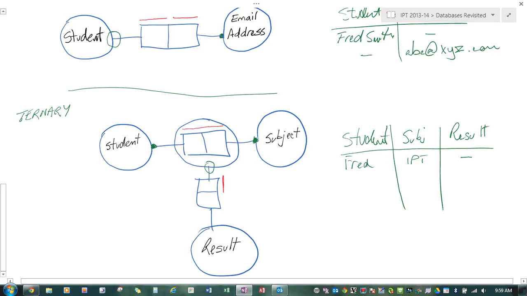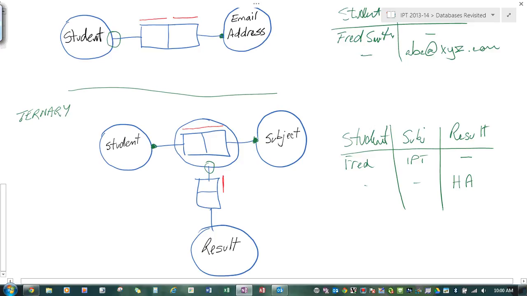Okay, the last one, the dot coming from the result down here. If we record a result, do we need to record the other 2? So in other words, can I put HA there and leave that blank and that blank? So is that possible? No. Would that make any sense to do that?